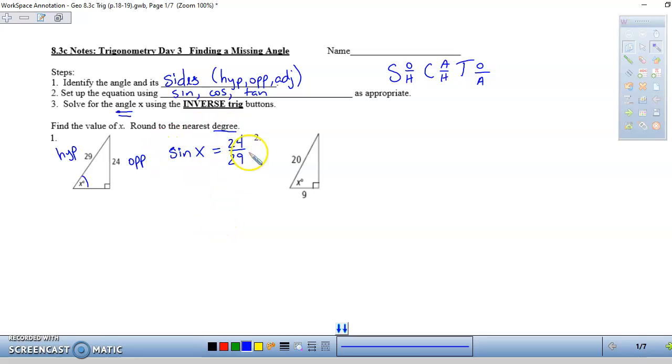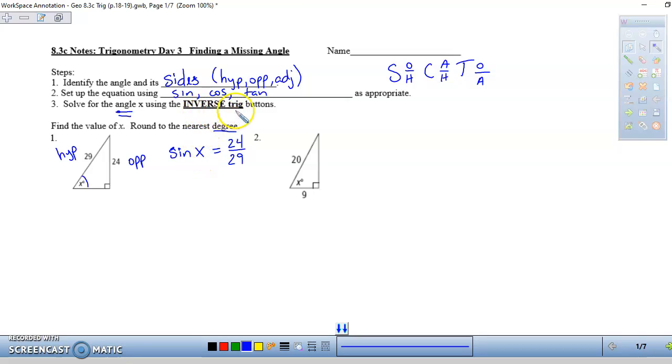Okay, so this is my setup, very similar to what we did before. But notice that the x is in the angle position. So there's nothing that I can do in a calculator where I can just plug in sine of x. That doesn't make sense.